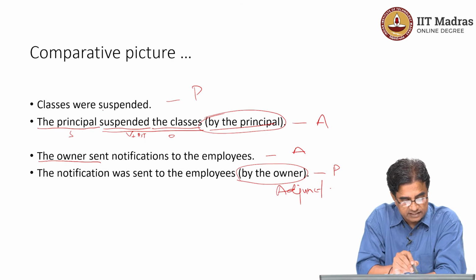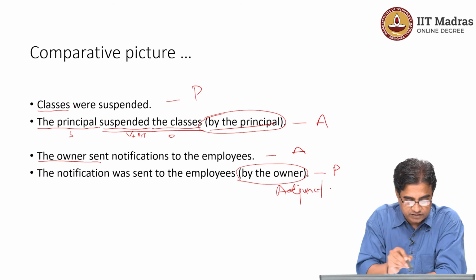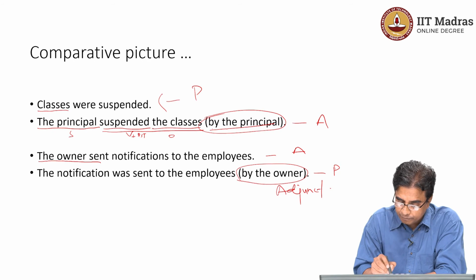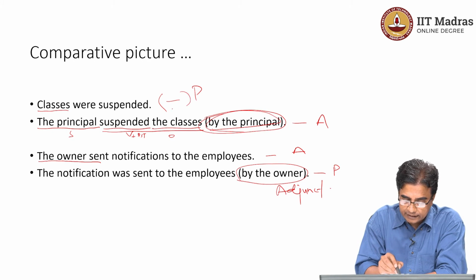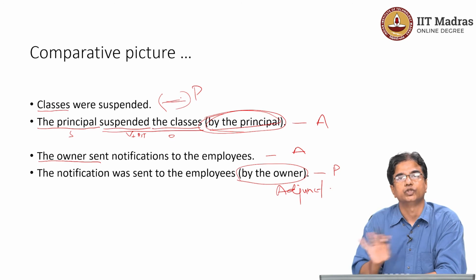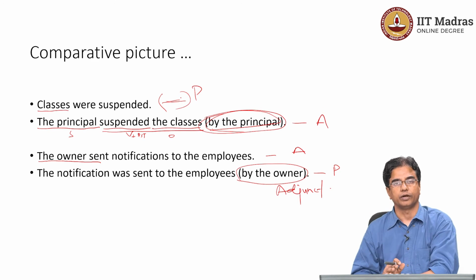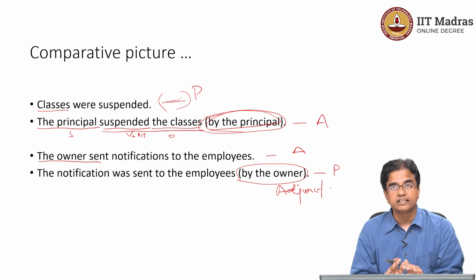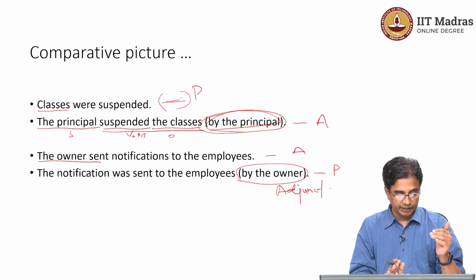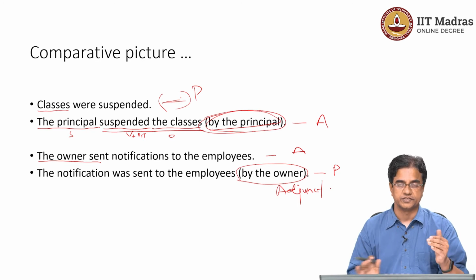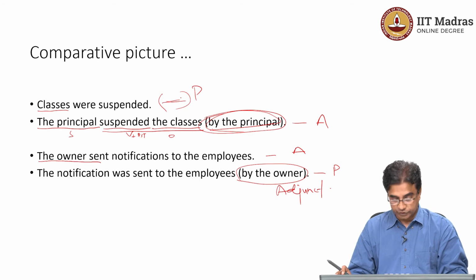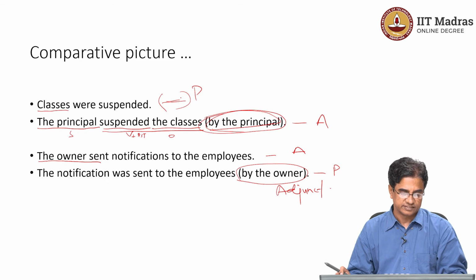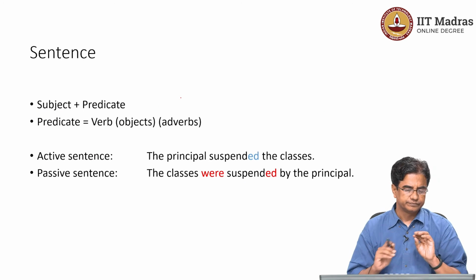So for "classes were suspended," when we bring classes into focus, we can bring "by the principal" here, or we can drop it from here also. Not an important part. This is an important thing that we need to understand about the active and passive correspondence between these two types of constructions.